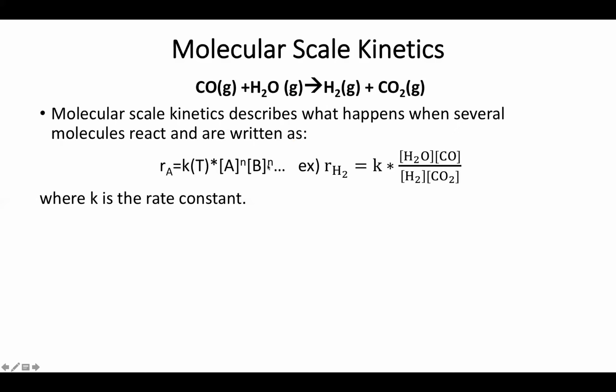So while we're typically used to seeing, say, the rate of reaction for the production of hydrogen being just dependent upon our two reactant molecules, there may indeed be some great dependence upon the concentration of our two product species.